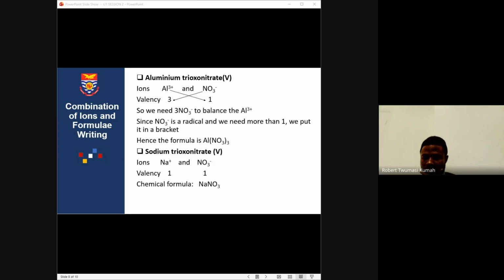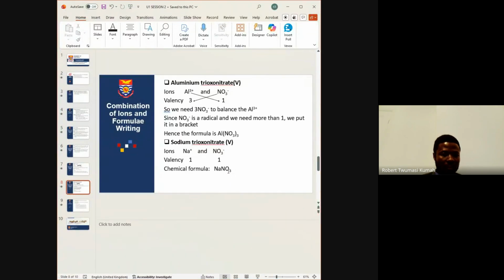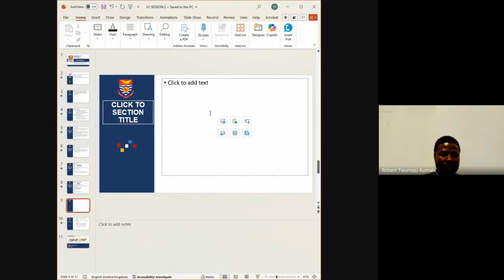Okay, so let's quickly look at that. Then you compare with what you have. Let me add a new template here. So we have ammonium sulfate.